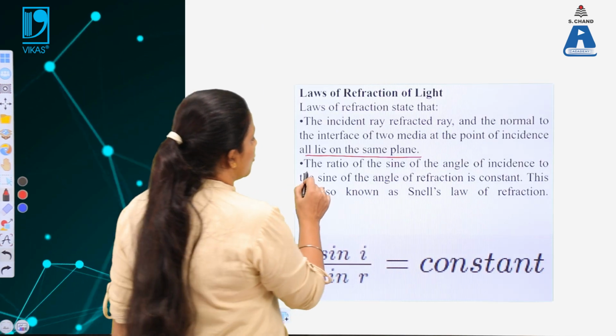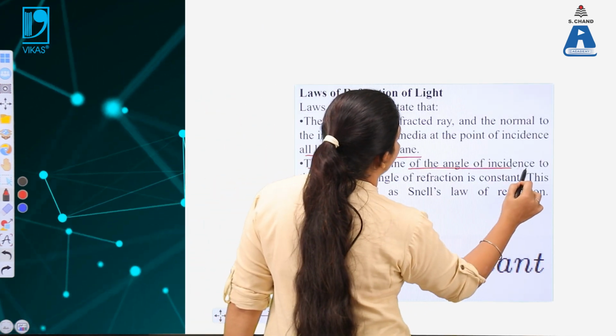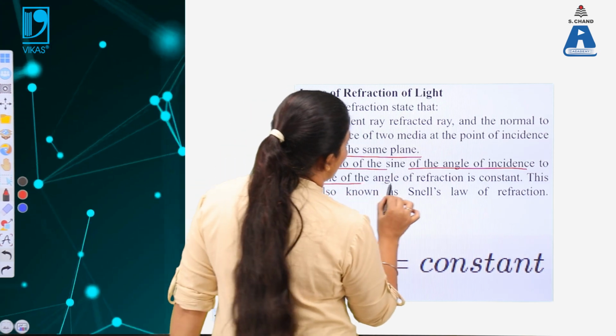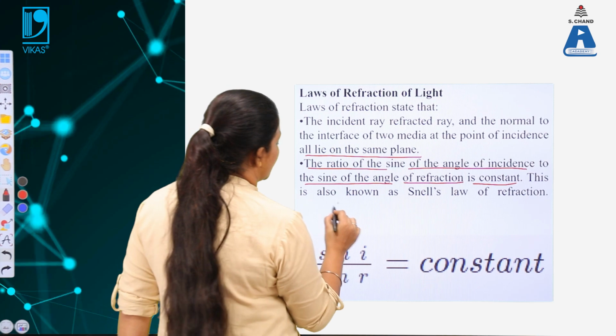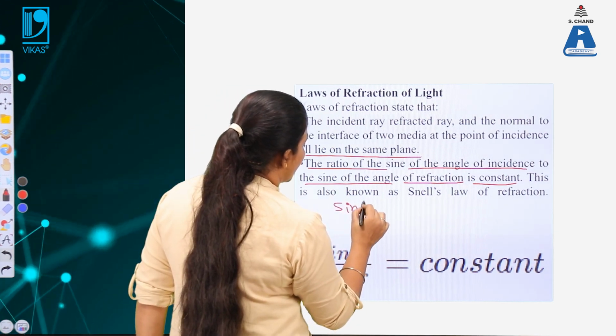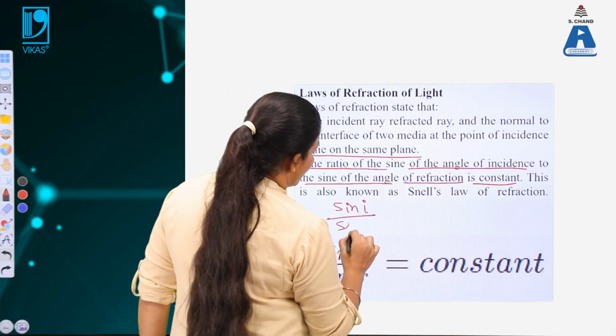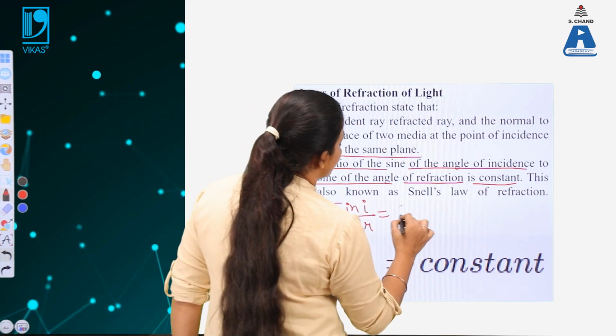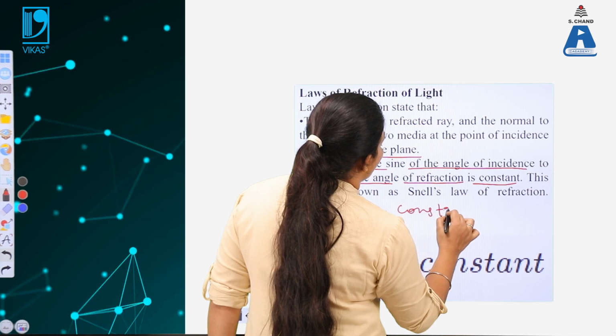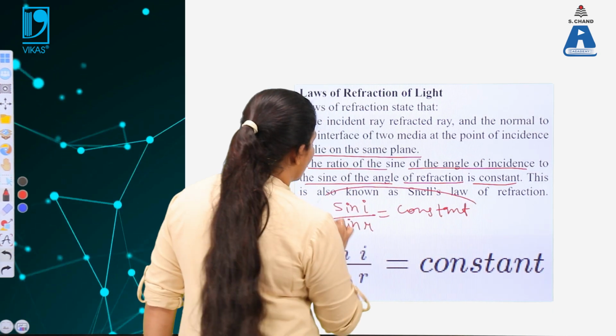Then the ratio of the sine of the angle of incidence to the sine of the angle of refraction will always remain constant. So what does it mean? It means sine I, if this is the angle of incidence, over sine R, if this is the angle of refraction, this ratio will always remain constant.